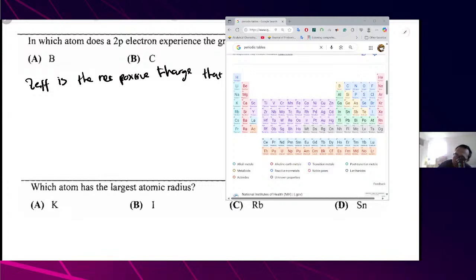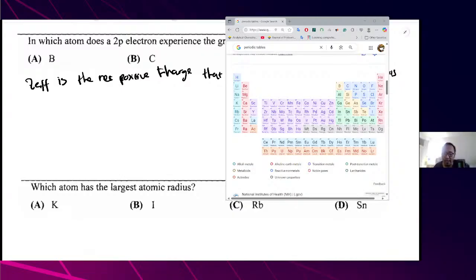The nucleus. Like gravitation, maybe we can assume this is a kind of gravitational force, like between Earth and the Sun, or between Mercury and the Sun. Which one has the strongest pull from the nucleus?